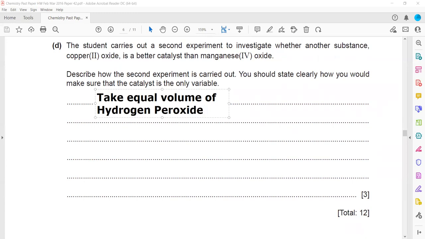So take equal volume of hydrogen peroxide, or you can also mention take 10 cm cube of hydrogen peroxide. Any specific number can be mentioned here. That's one thing.